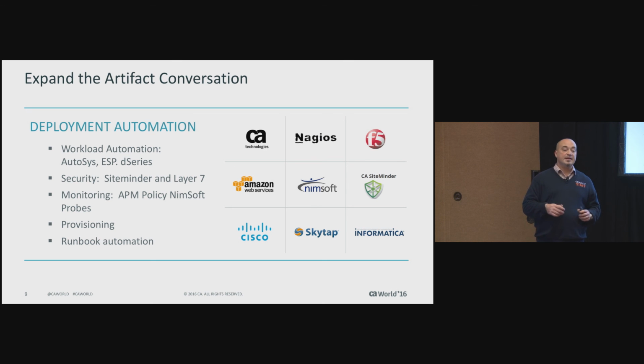If you take an application and you add new fields to a database, for example, now you need ETL jobs to go and load data into those fields as part of the workload automation process. Those job definitions need to be part of that release, right?